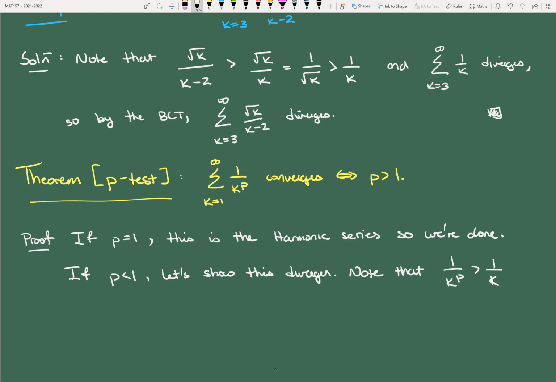If p is between 0 and 1, then the pth root of k is less than k, so when you reciprocate, you flip the inequality sign. Now by the basic comparison test, the harmonic series diverges, so too does 1 over k to the p.